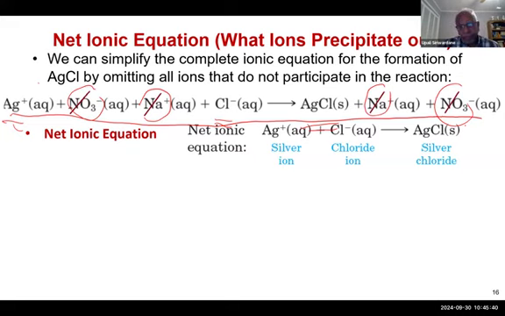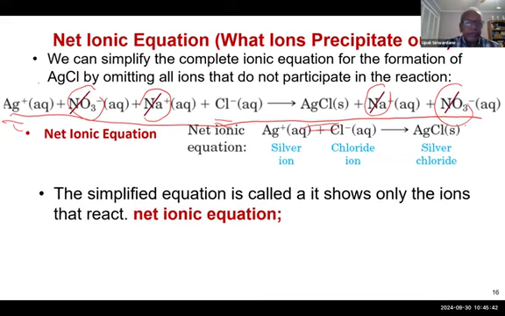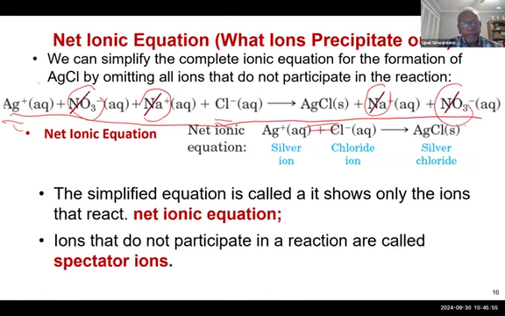When you remove spectators, you get the net ionic equation. The simplified equation is called the net ionic equation. It shows only ions that react. Ions that do not participate in a precipitation reaction are called spectator ions. It could be in different reactions. If you find ions on both the reactant and product side of a complete ionic equation, they are still called spectator ions.